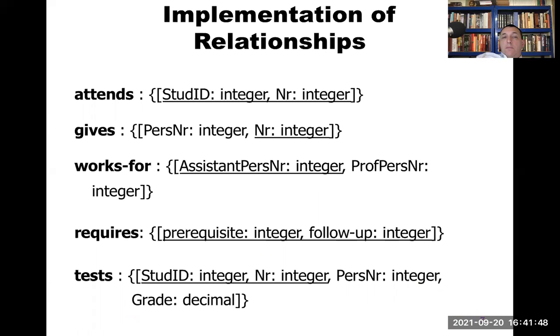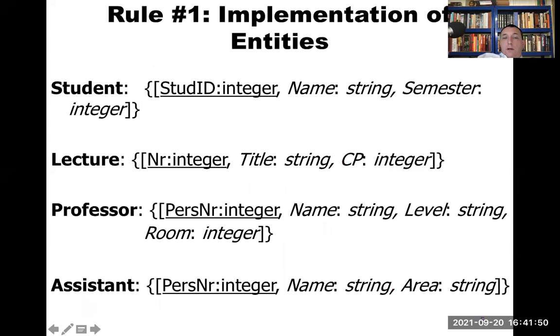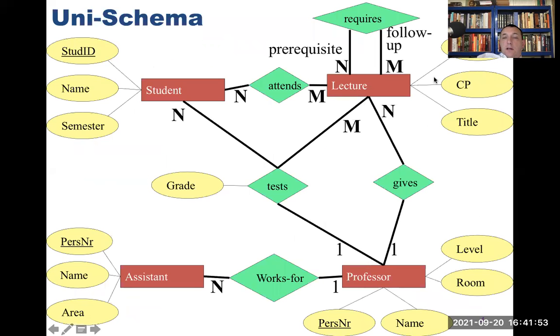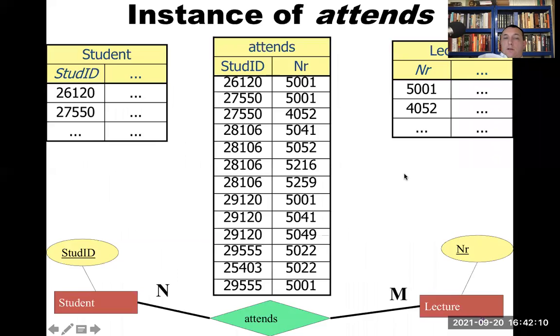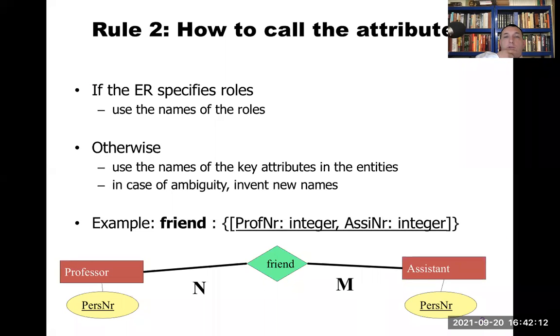Like here, both assistants and professors are identified by person number. So we need to somehow make them different. Let's say we use assistant person number and prof person number for professor. So that's just the rules of attribute naming. So that's it.